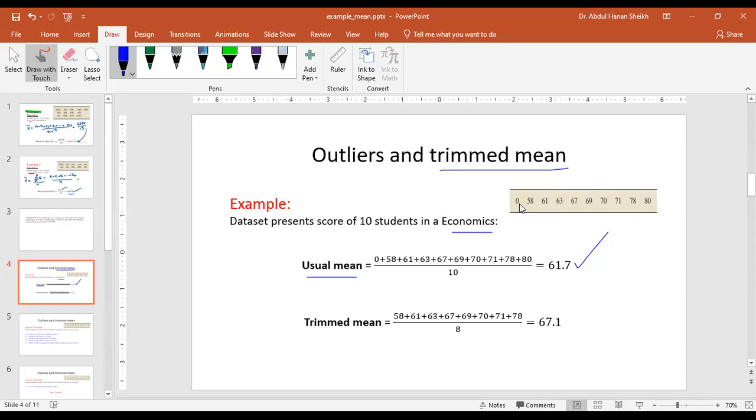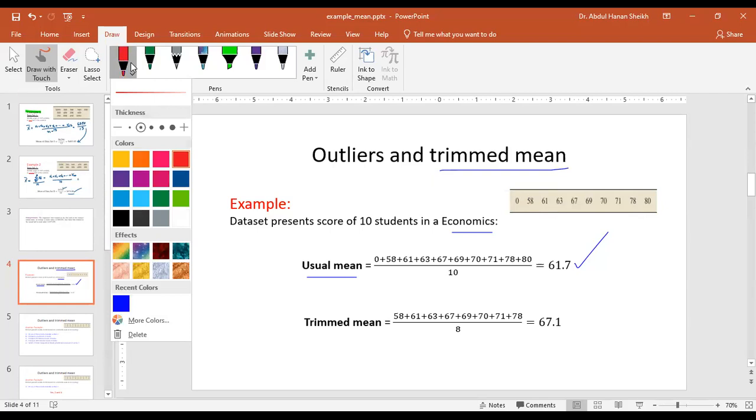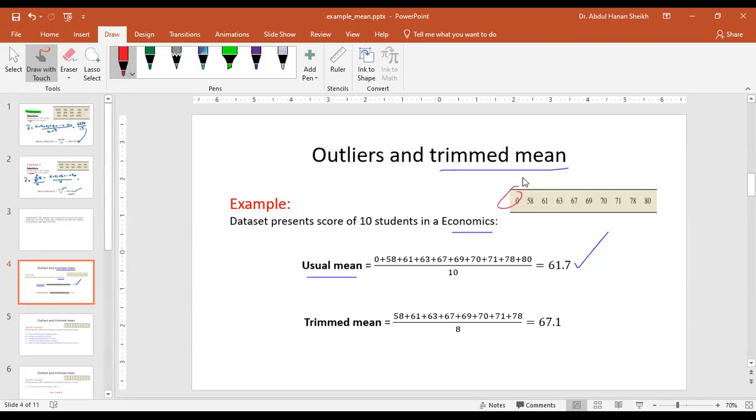So one value on the left, our minimum value, this 0, is trimmed, and also this one on the other side is trimmed. So these 8 values are used for computing this trimmed mean. Okay, if you just sum these numbers, now this somehow represents the proper mean of these students.